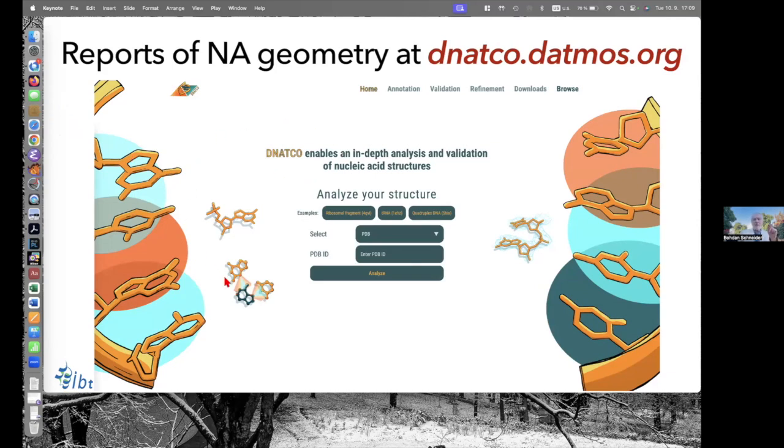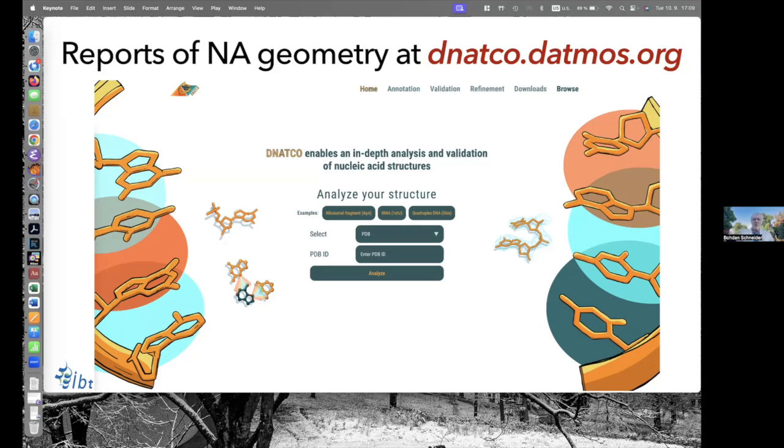What you see here is the static picture of the homepage, where there are some simple questions about what to upload. You can upload either structures from the archive, your own structure, or structures that were run through PDB-REDO by Robbie Joosten.